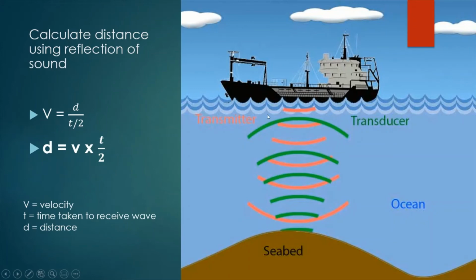So the time difference shows that the sound wave has traveled to and fro, but we are only calculating the depth of one distance. Therefore, we need to halve the time that the transducer detects.